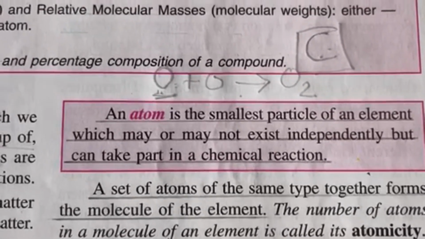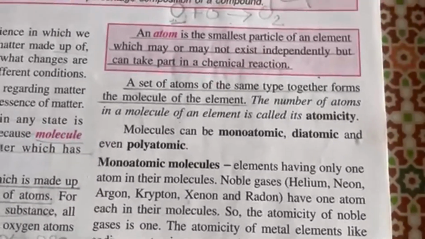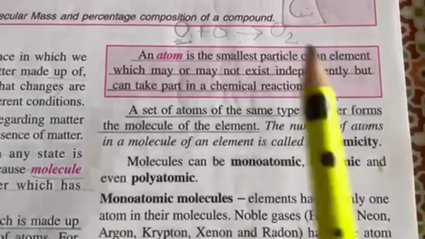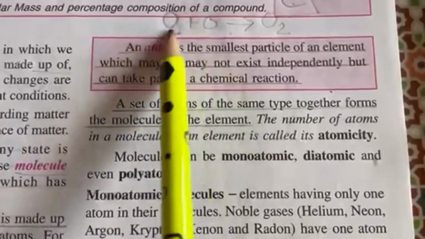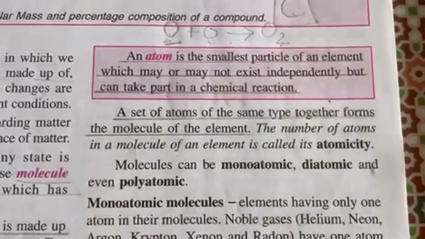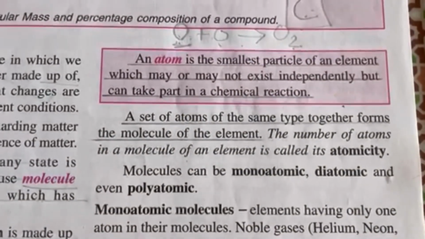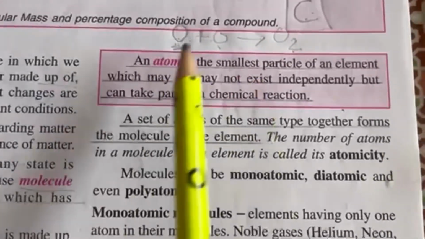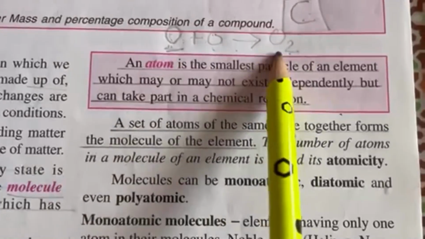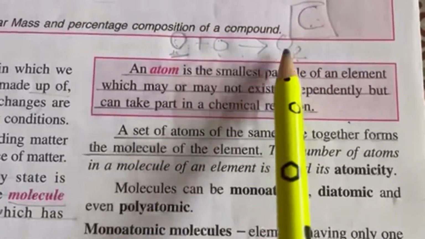Now, a set of atoms of the same type together forms the molecule of an element. For example, oxygen. Two atoms of oxygen came together to form oxygen gas. So, a set of atoms, that is two atoms of oxygen of the same type, O and O, came together to form one molecule of the element oxygen.